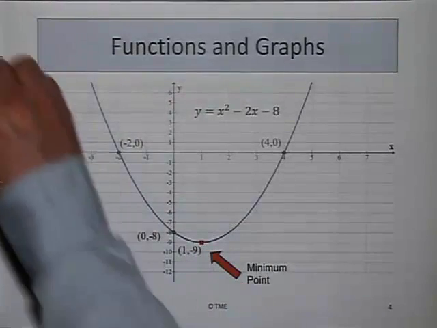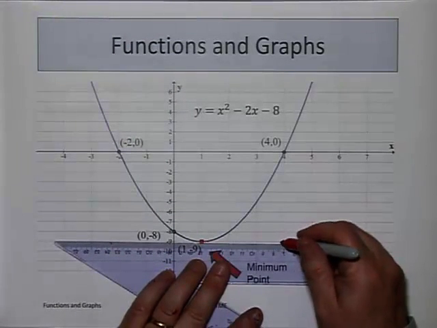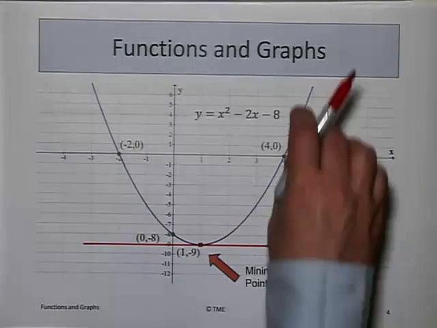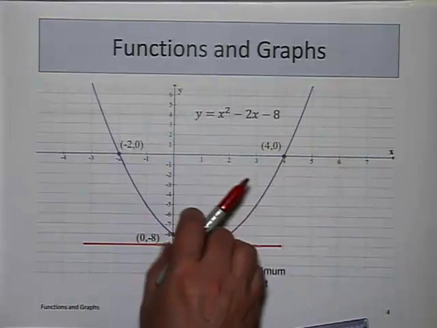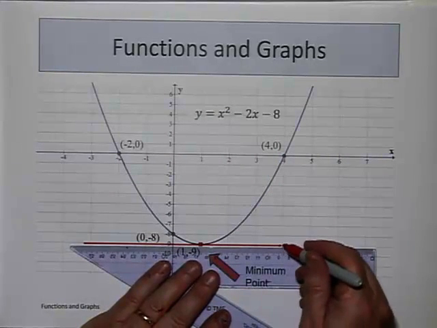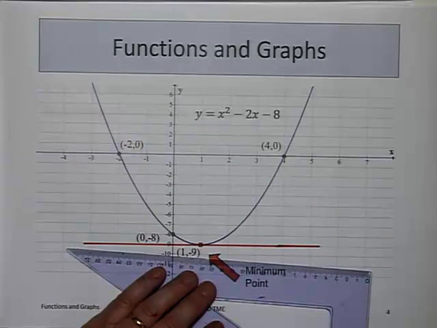Well, it's this point. It's the minimum point. The minimum point is defined as the only point where the marble will stop rolling. The only point where the slope is such that it won't cause it to roll forward or roll back.